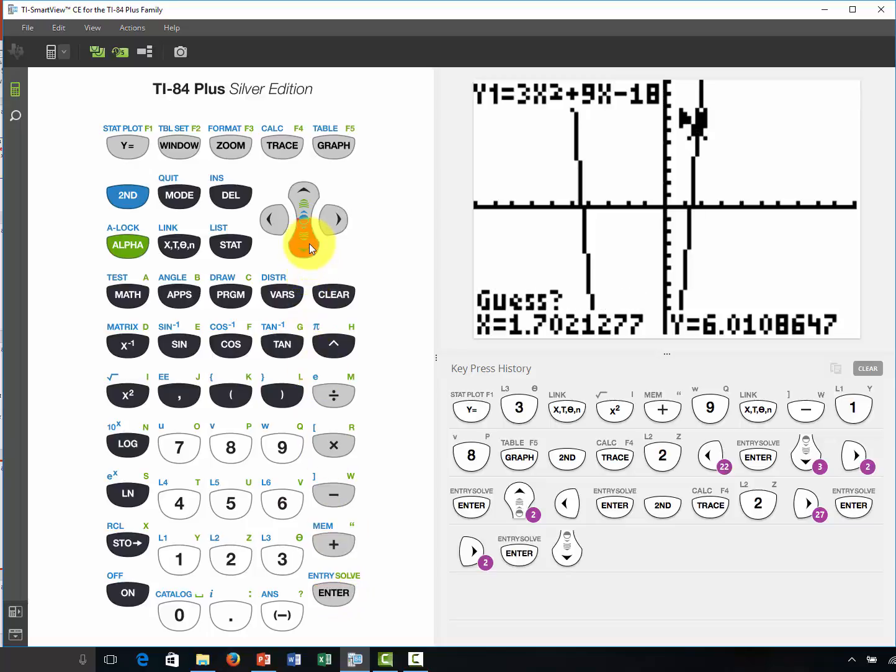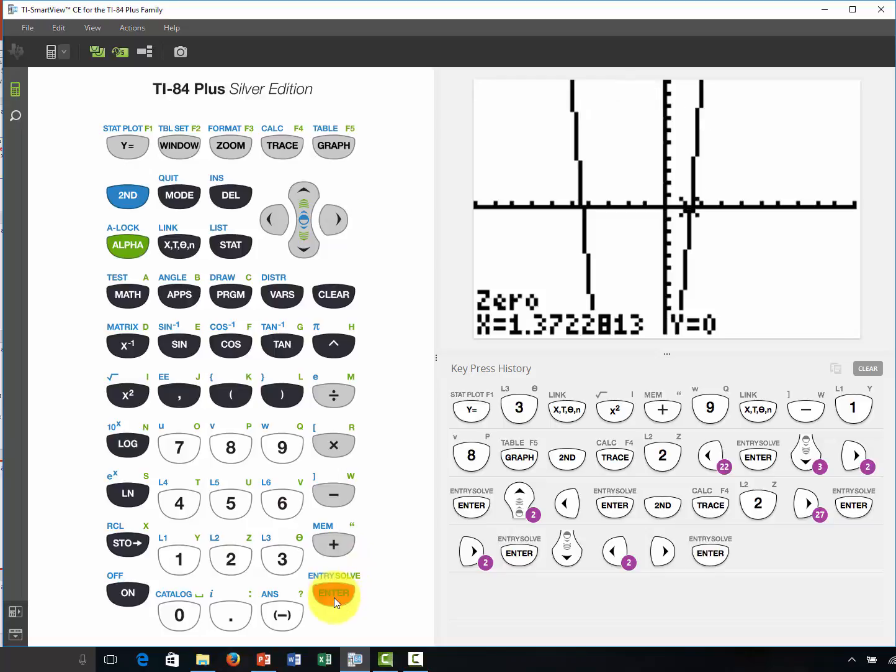Okay, and now a guess. I'm going to say the guess is right here. Hit enter. And now it's telling me the 0, or the x-intercept, is about 1.37. So sometimes x-intercepts are not integers. The 0 command can help us identify these x-intercepts.